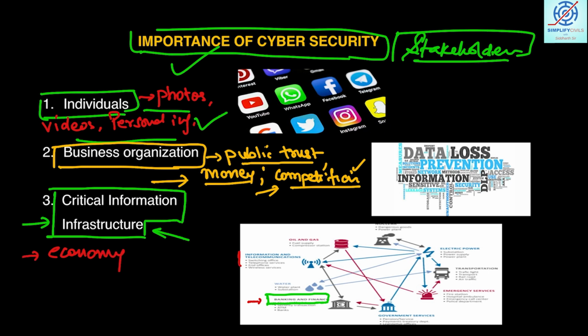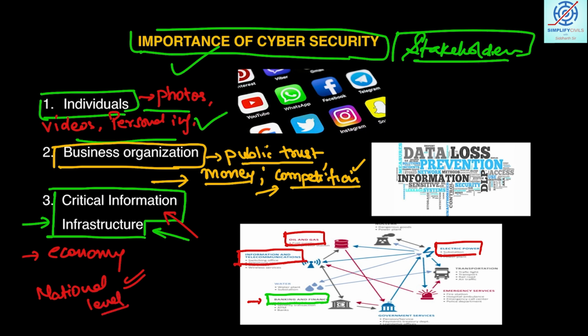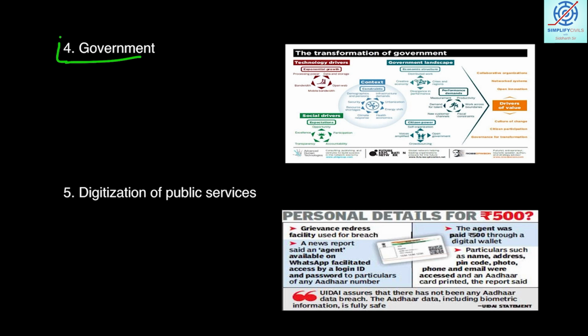Then telecommunications systems, oil and gas systems, electric power systems, nuclear power systems, airports, railway stations, whatever the critical information is, we need to protect it at the national level. We should also think at the government level.